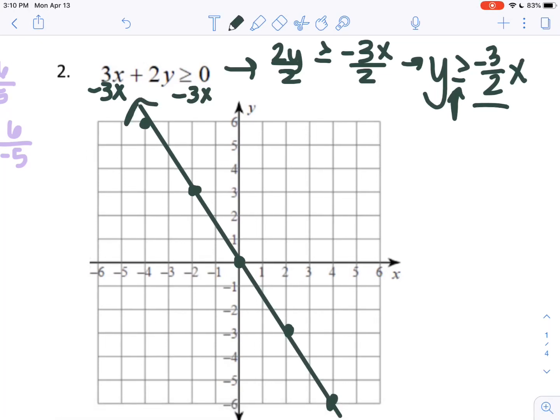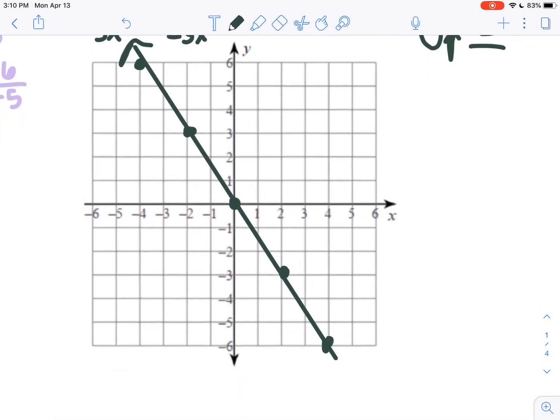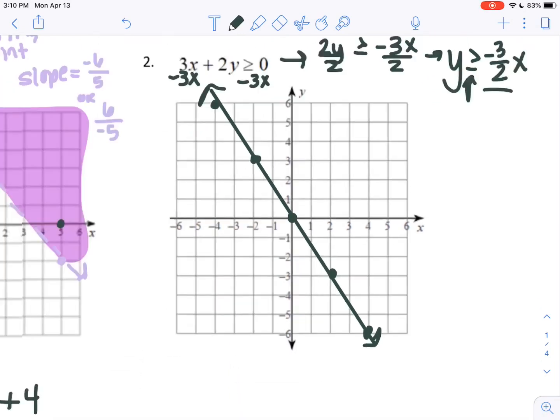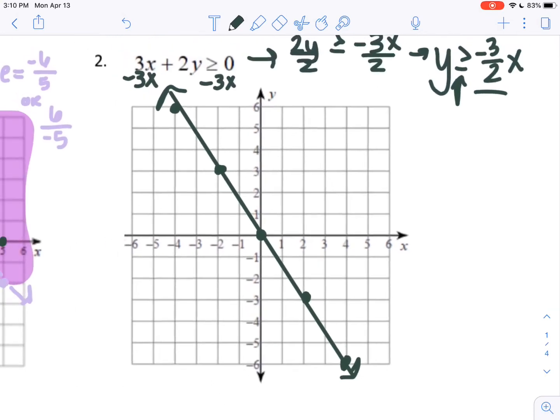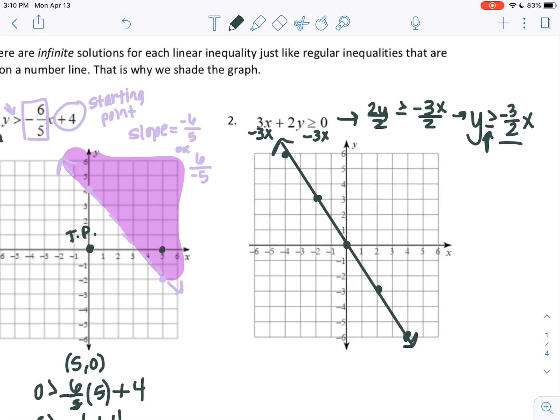Okay, so my line is actually going through the origin, so I have to just pick any other point. Okay, it does not matter which point you choose, just make sure it is not on your line. So it doesn't have to be the same point that I'm choosing right now.